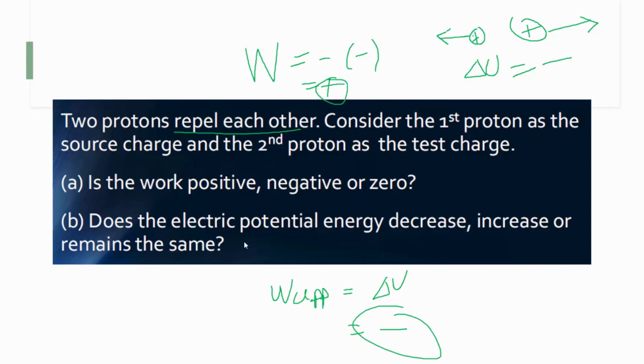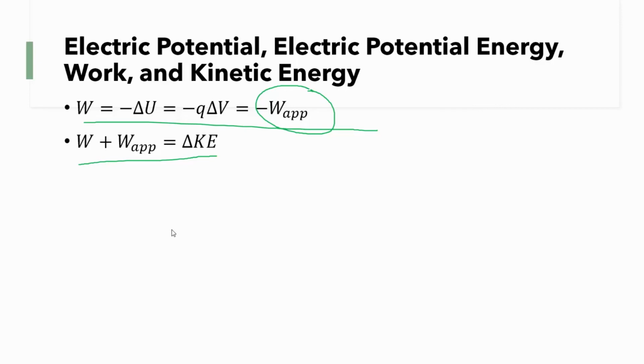So yan. Does the electric potential energy decrease, increase, or stay the same? Ang sagot dyan is decrease kasi they have the tendency to move away from each other. And since they would repel each other, pupunta sila kung saan sila normally nag-go, potential energy will decrease. One more way to answer this is through this formula.